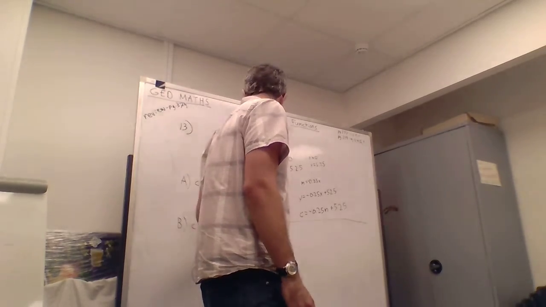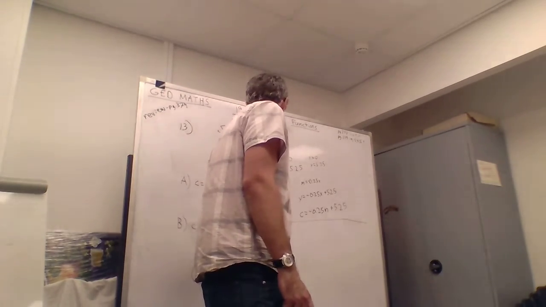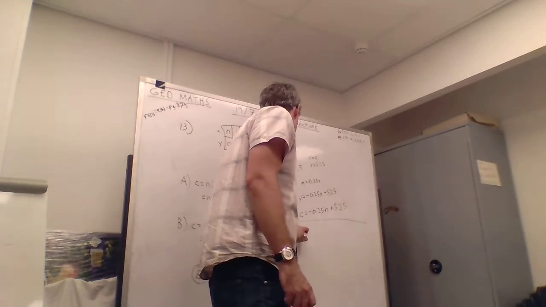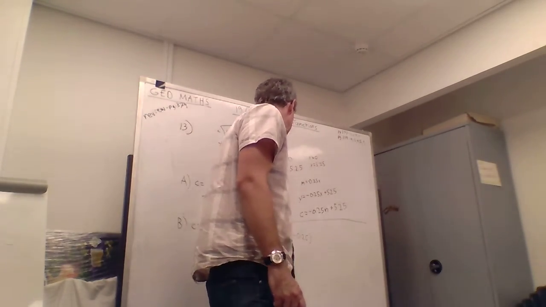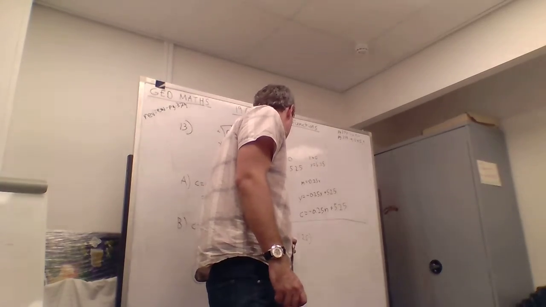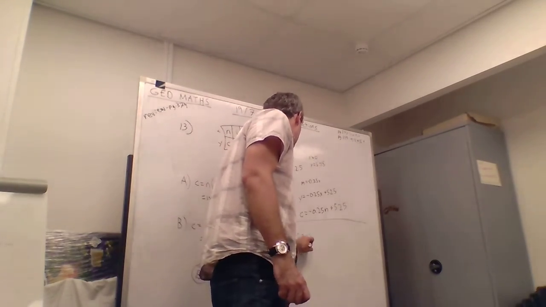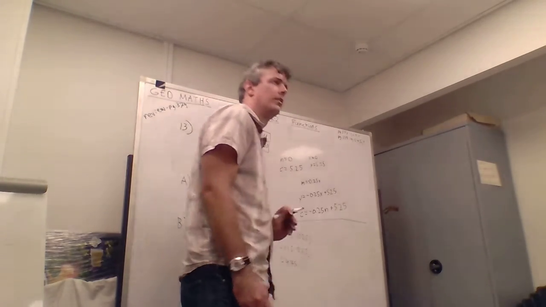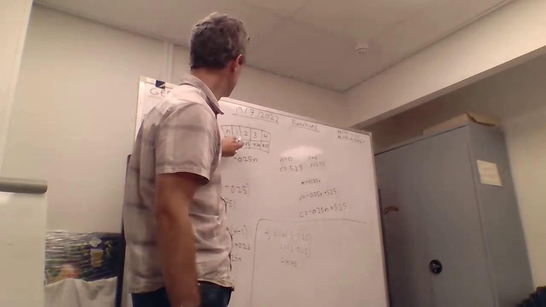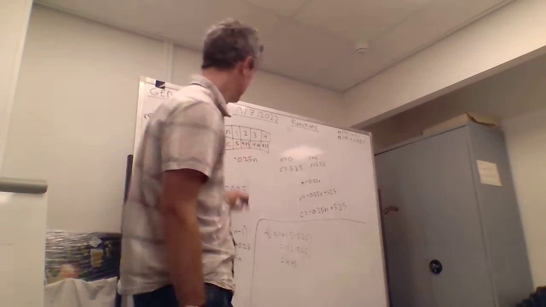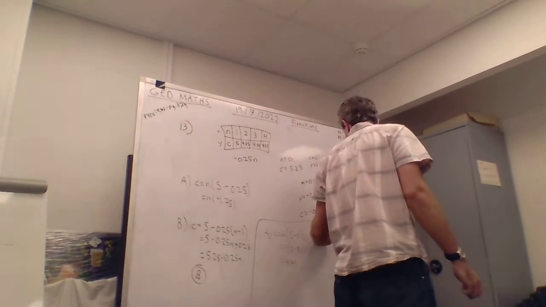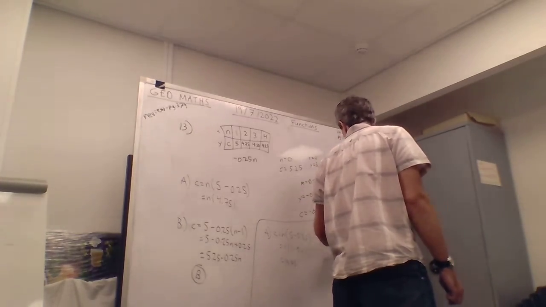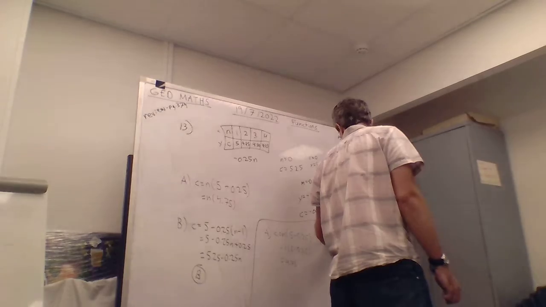Straight up, A is c equals n times 5 minus 0.25, right? If n equals 1, c equals 4.75. Not good, because we want n equals 1 to get to 5, right? So we can try the next one, B. Let me do the whole equation.